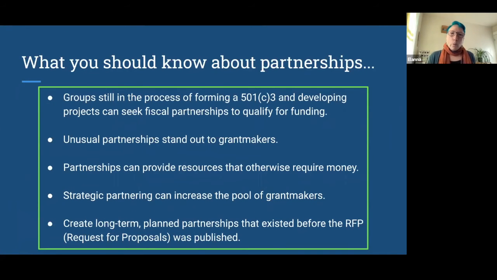Okay, so what you should know about partnerships. Groups still in the process of forming a 501c3 and developing projects can still seek fiscal partnerships to qualify for funding. So that's a really common way to get started, because oftentimes a group might not have the resources to become a fully fledged 501c3, but on their path to getting started, they can be sponsored and build toward that.